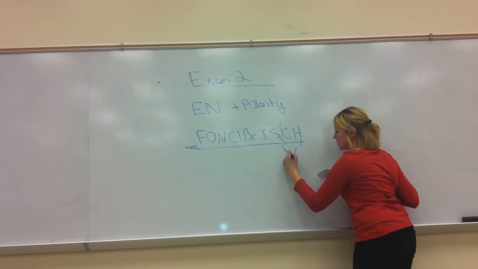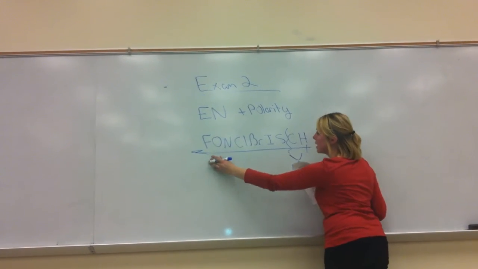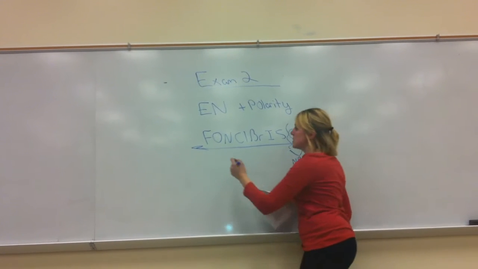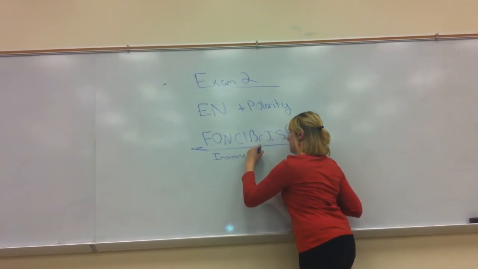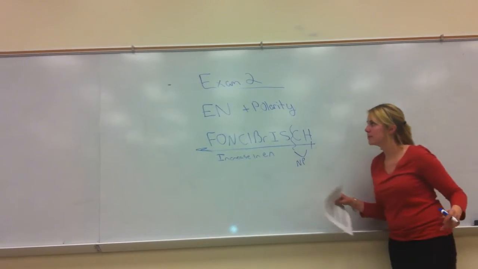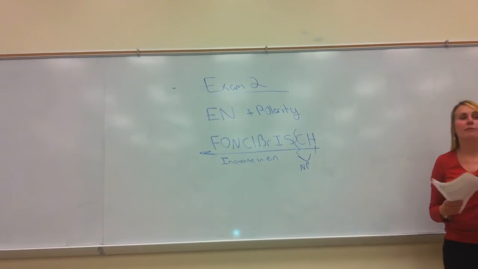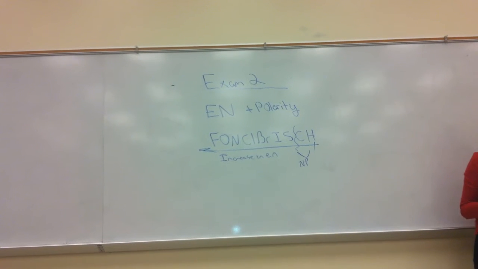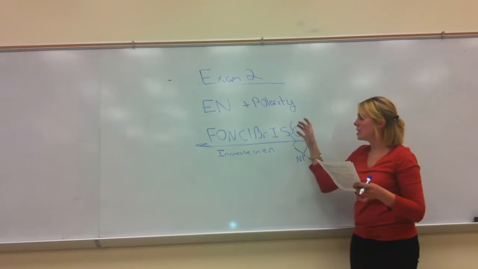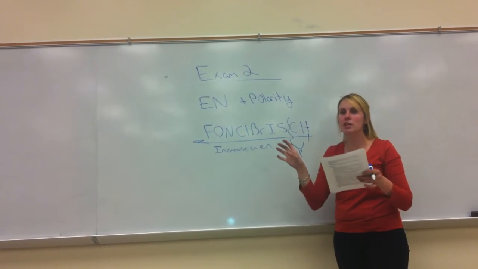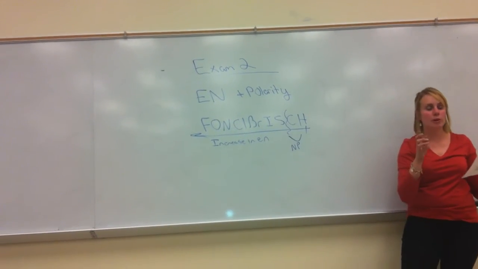These guys are nonpolar. All these guys over here, when compared to the last one, are increasing in electronegativity, going that way. For instance, you have to draw the best Lewis structure. That way you can see, for instance, what has the strongest electronegativity and how does it affect the pull on the electrons.